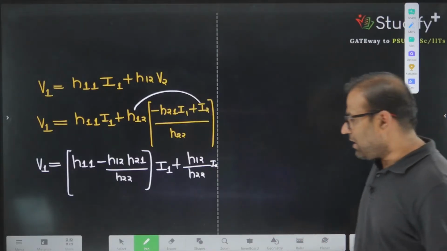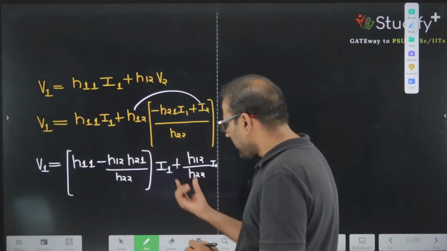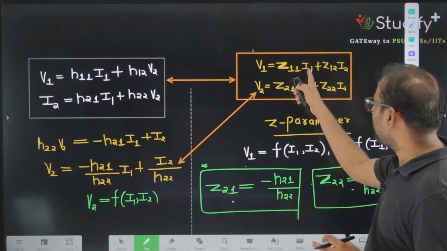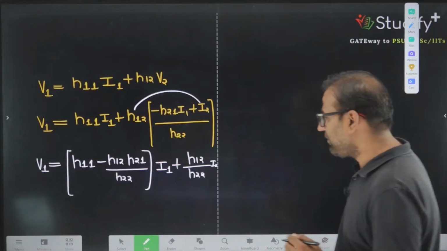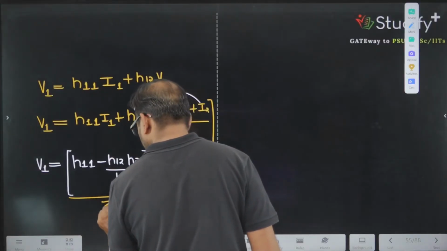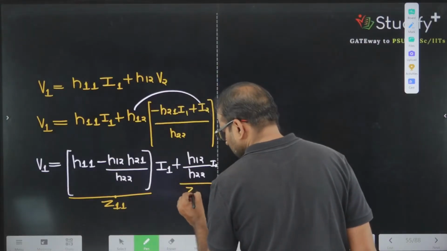Correct? Now you can compare with your standard equation. Whatever is the coefficient of I1 is known as Z11. When you look at this equation, whatever is the coefficient of I1 is known as Z11. So this factor is known as Z11 and this factor is known as Z12.